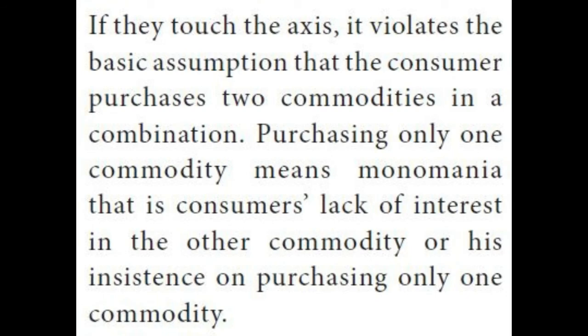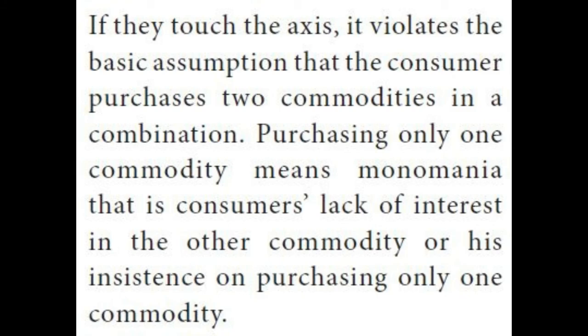The basic assumption of the indifference curve is that the consumer purchases two commodities, apple and orange, using different combinations of these goods for the same level of satisfaction. But purchasing only one commodity means monomania, that is, the consumer is not interested in the other commodity.